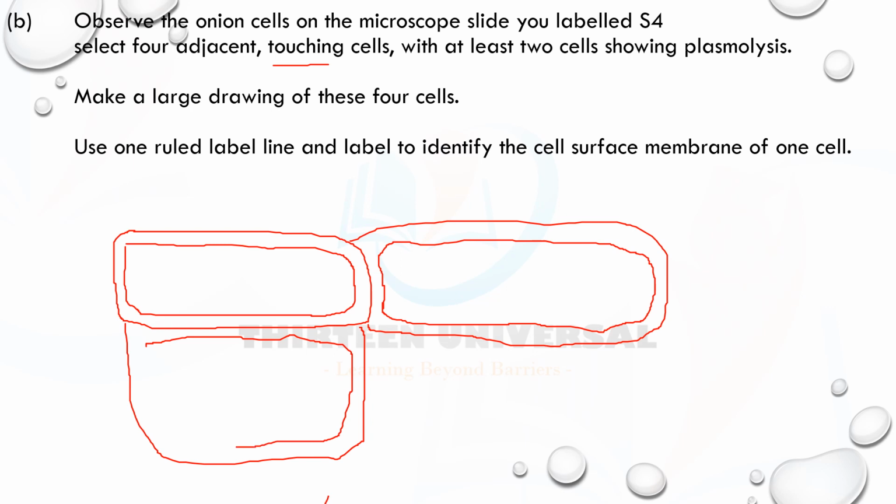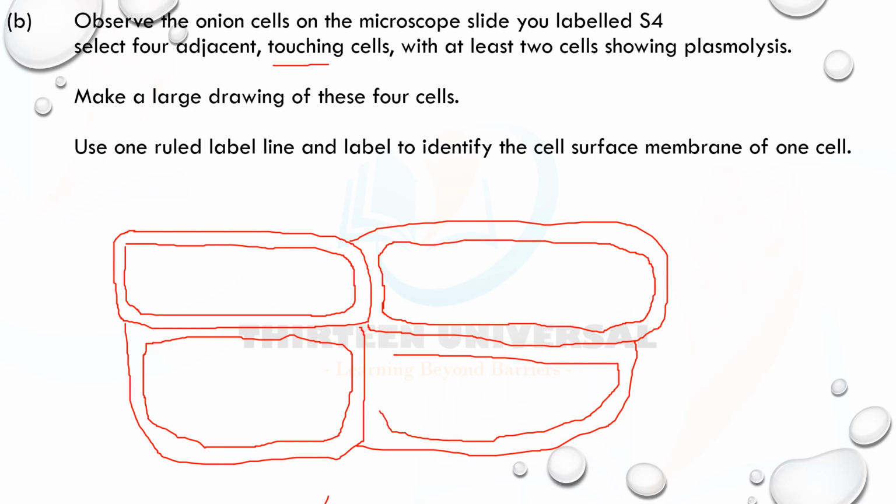Yeah. So because there are 4 touching cells, right? Here is another cell here, something like this. Based on what I see from the microscope, I'm drawing 4 cells, right? Each one has a cell wall. Remember that another instruction there is that at least 2 cells show plasmolysis.